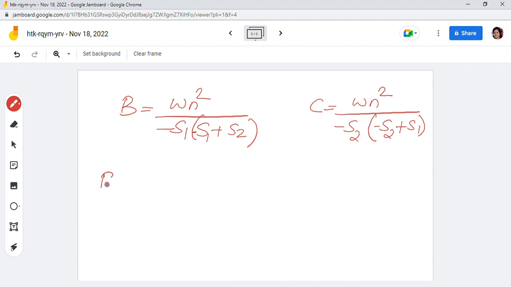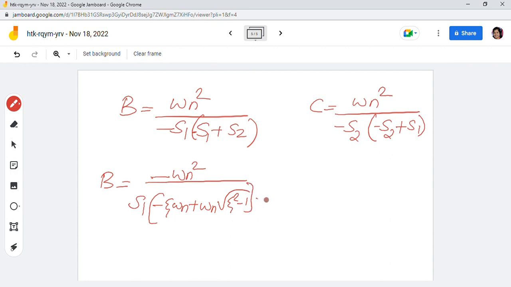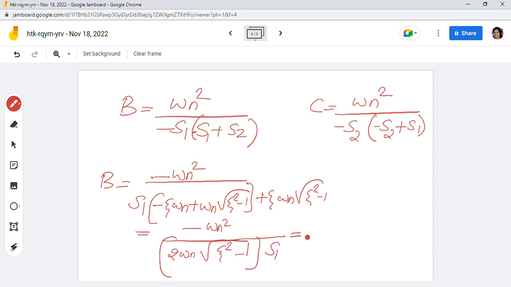That is, B is equal to minus omega n square, you can bring this omega, that is s1 into (minus eta omega n plus omega n into root of eta square minus 1) plus eta omega n into root of eta square minus 1, which is equal to minus omega n square to omega n into root of eta square minus 1 into s1, which is equal to minus omega n by 2 root of eta square minus 1 into 1 by s1.